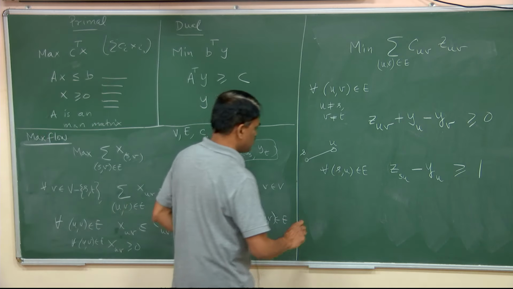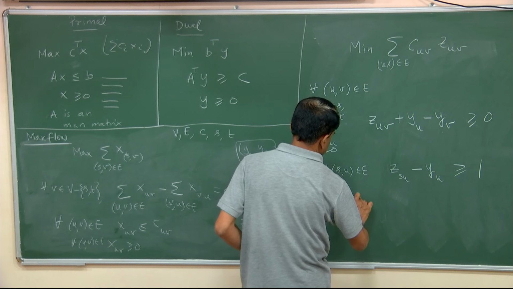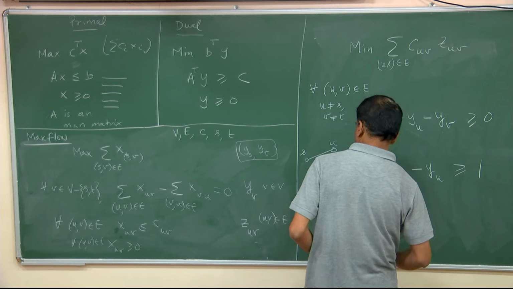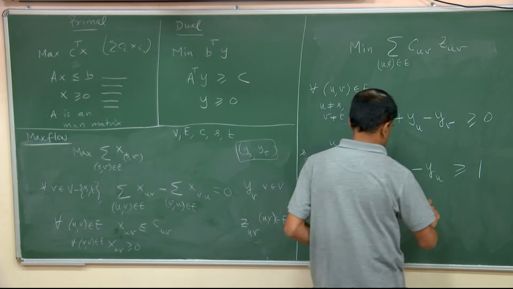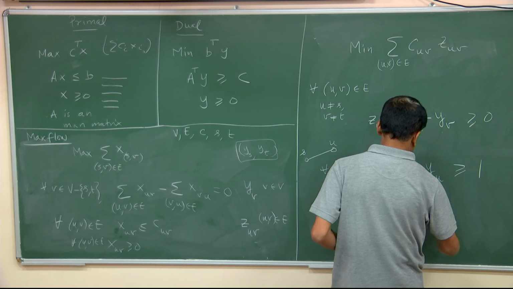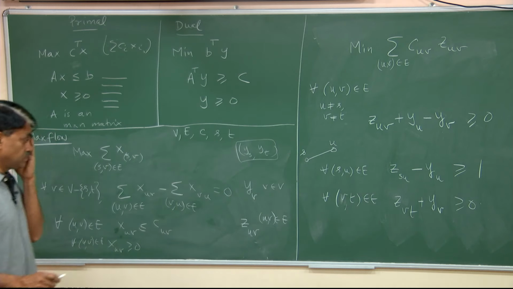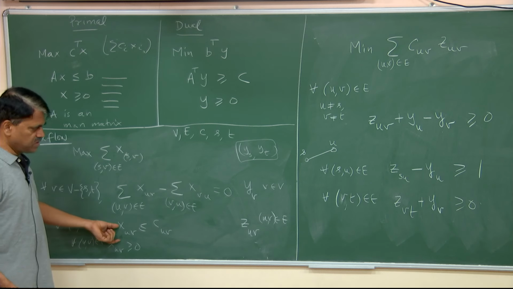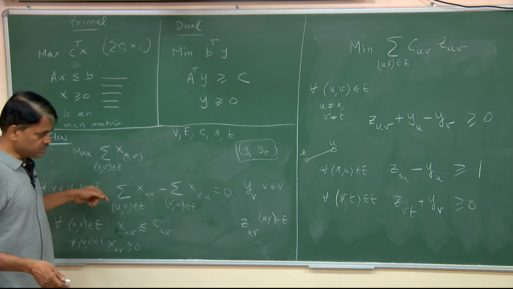And for all UT or VT in E, again you will have ZVT. The plus term will be there, but not the minus, and greater than or equal to 0. And your ZUVs are greater than or equal to 0 because of this constraint, but the YUs are unrestricted because of the equality constraint.